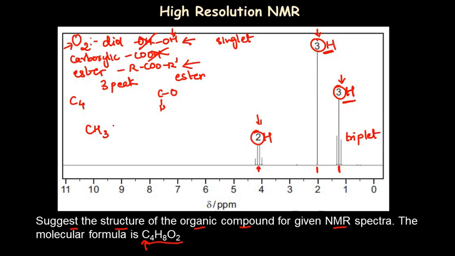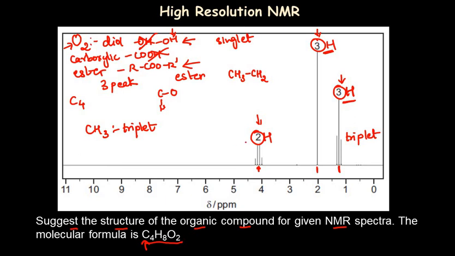That shows that this CH3, now I'm drawing this ester group here, should be bonded to a carbon having 2 hydrogens, because then 2 plus 1 will give a triplet splitting. So CH3 bonded to CH2 is confirmed here.